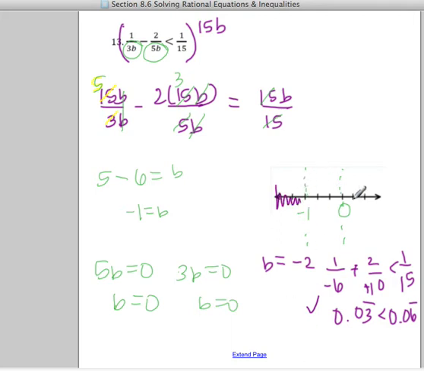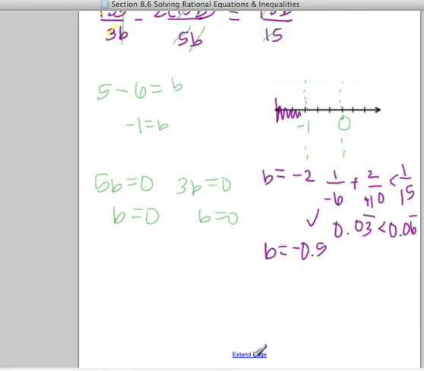Now I pick a number that's in between 0 and negative 1, so I would probably try negative 0.5. If we plug that into my original equation, you would have 1 over 3 times negative 0.5, which gives me negative 1.5, plus 2 over 5 times negative 0.5.